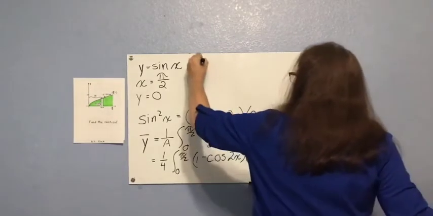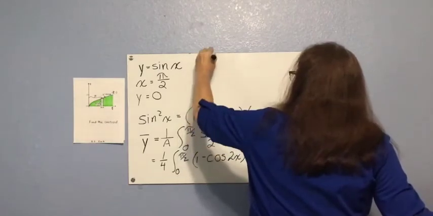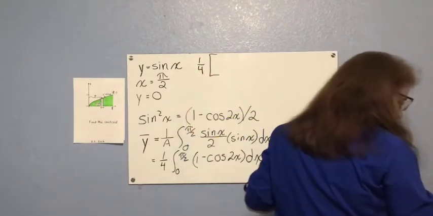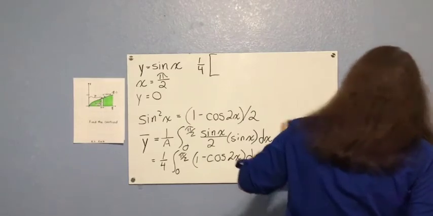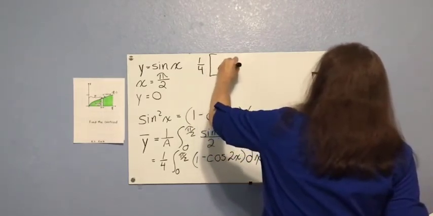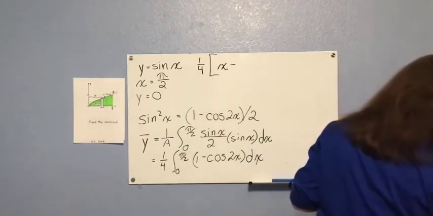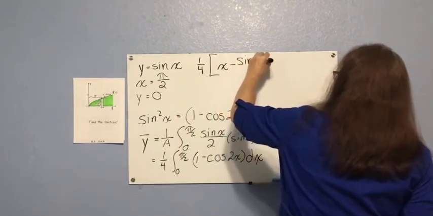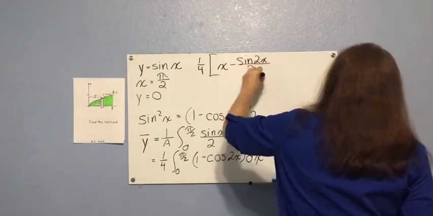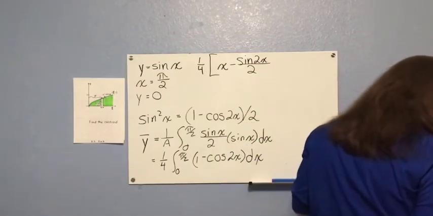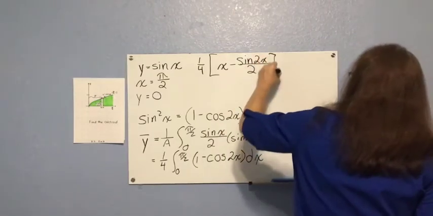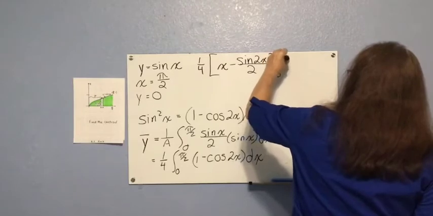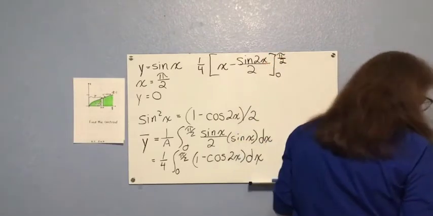When we integrate, we get 1/4 times x minus sine of 2x over 2, from 0 to pi over 2.